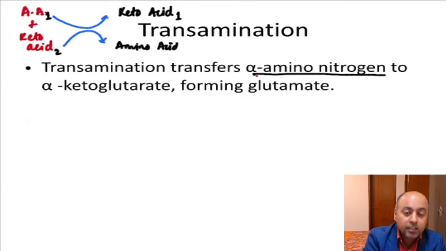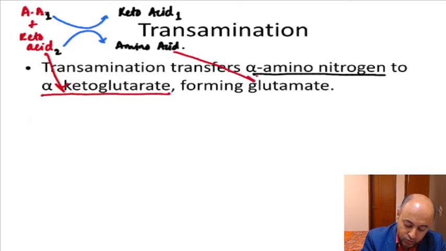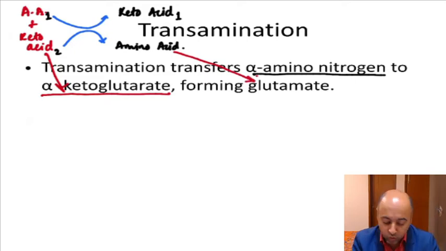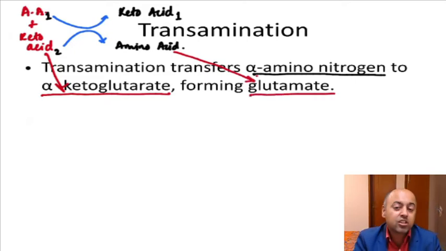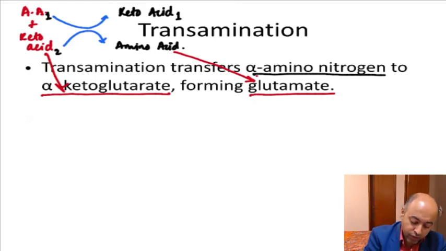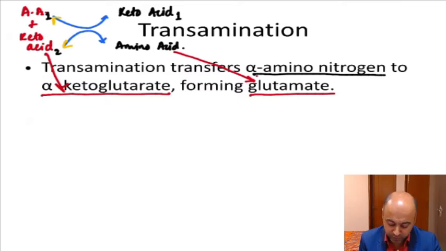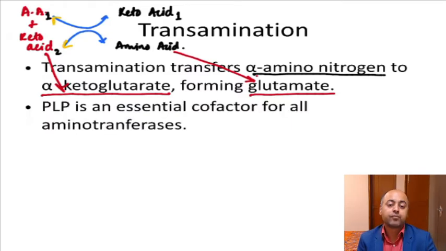In this case, it becomes the glutamate. So the alpha ketoglutarate, the keto acid, gets converted into the amino acid glutamate. This essentially is a transamination. What you have to remember is that the transamination reaction is freely reversible.